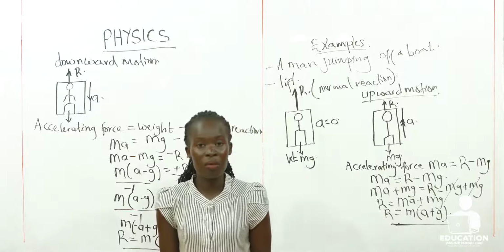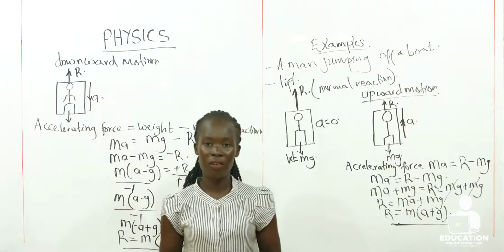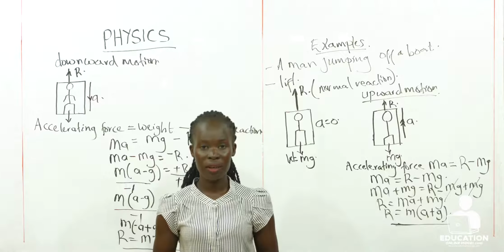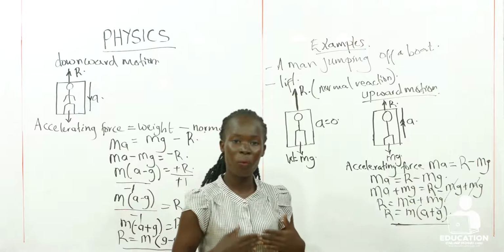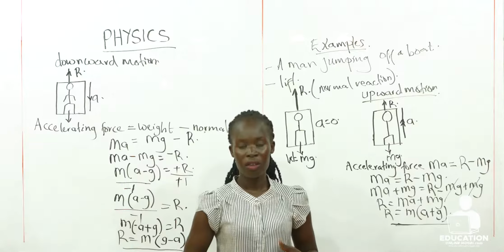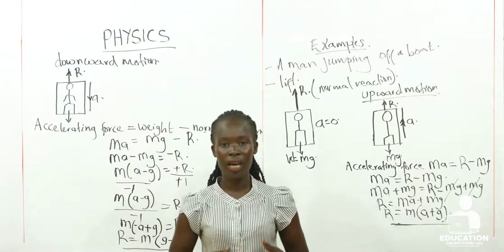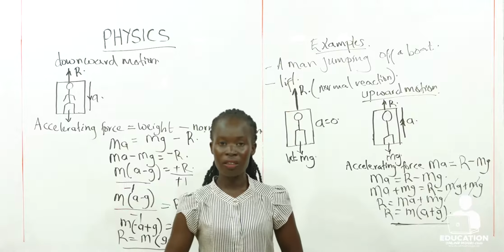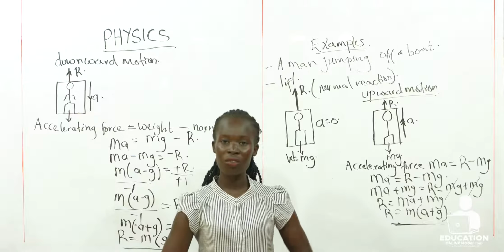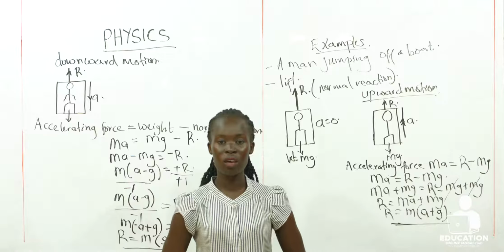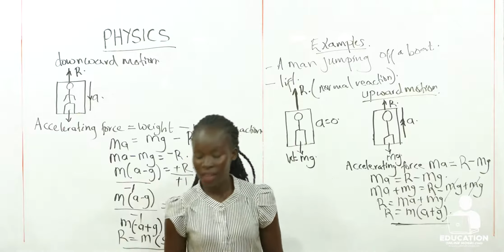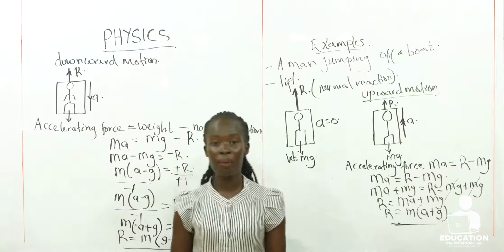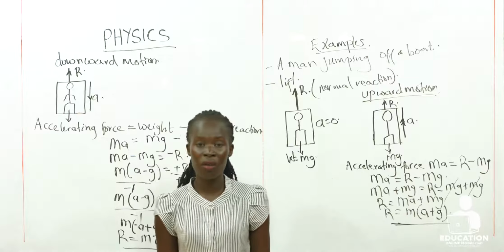That's why most of the time we do not feel the reaction on us, because that reaction is almost the same as the weight we offer. So if your weight is equal to 10 and you sit on a chair, the chair is going to offer a reaction also equal to 10. So that is what we have today about Newton's third law of motion.